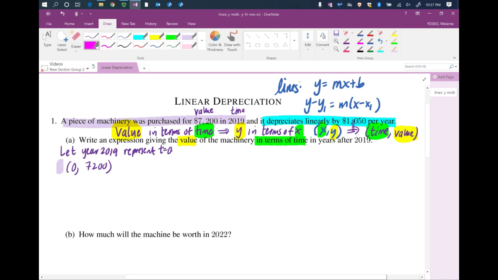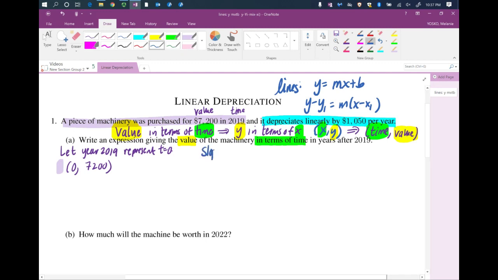So it loses value, depreciates by $1,050 per year. We lose $1,050 in value every year. So maybe that's like a change in value with respect to time. Does that seem reasonable? Read it again. Depreciates linearly, so the value is decreasing by how much? Value in terms of a time period, right?